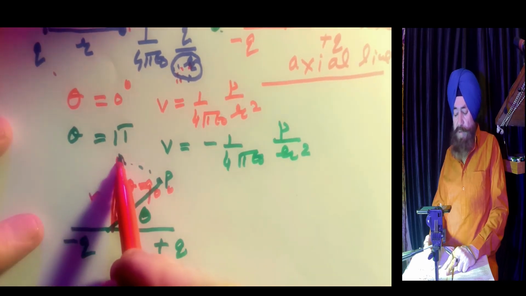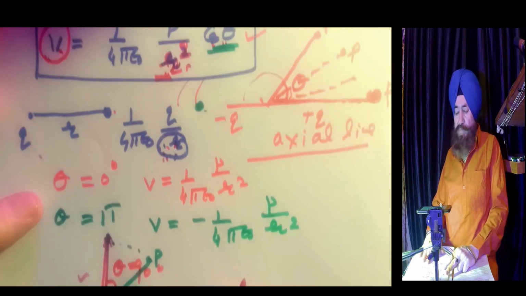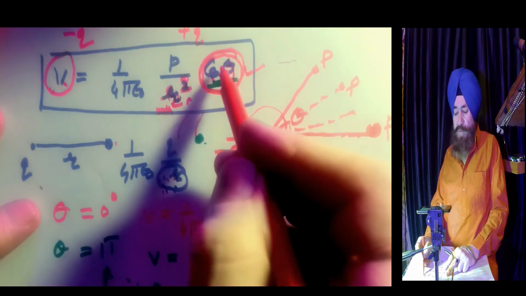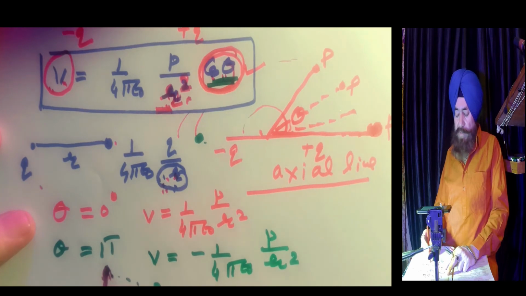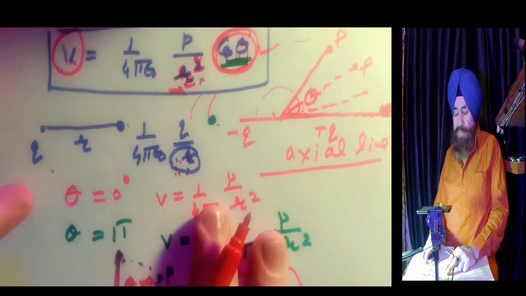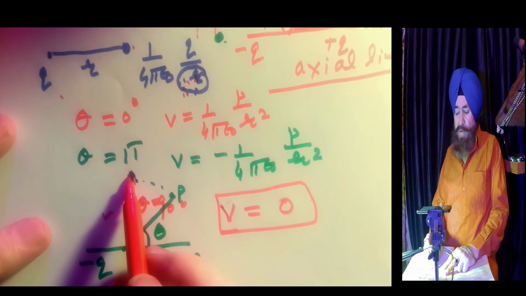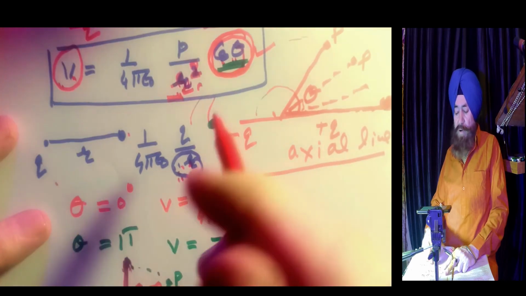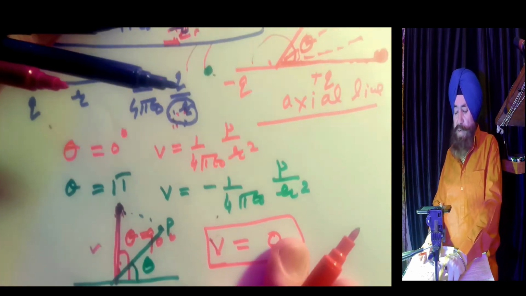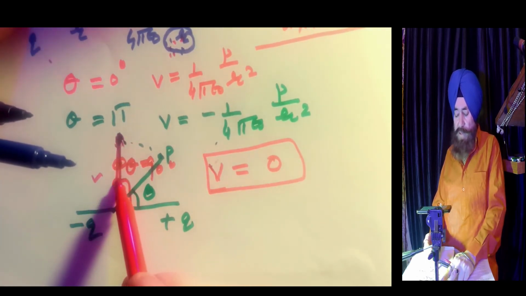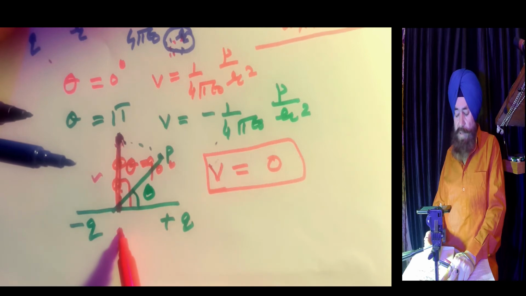So if the observation point is on the equatorial line, what is cos 90? Cos 90 is 0. So potential here turns to 0 value. So no potential on the equatorial line because theta is 90. Cos 90 is 0. So potential becomes 0 all along the equatorial line.